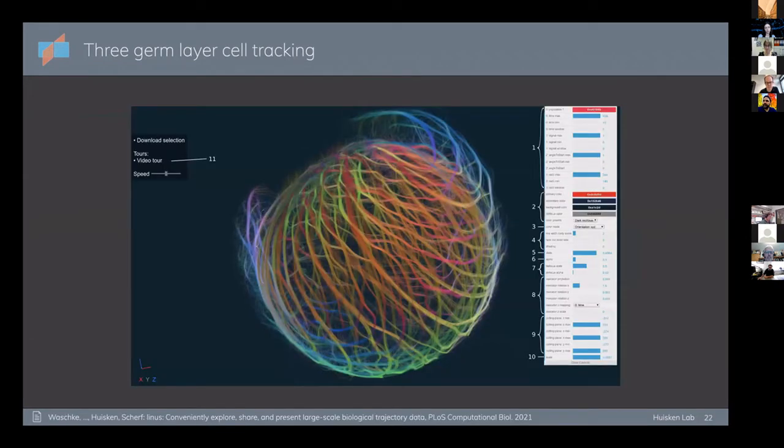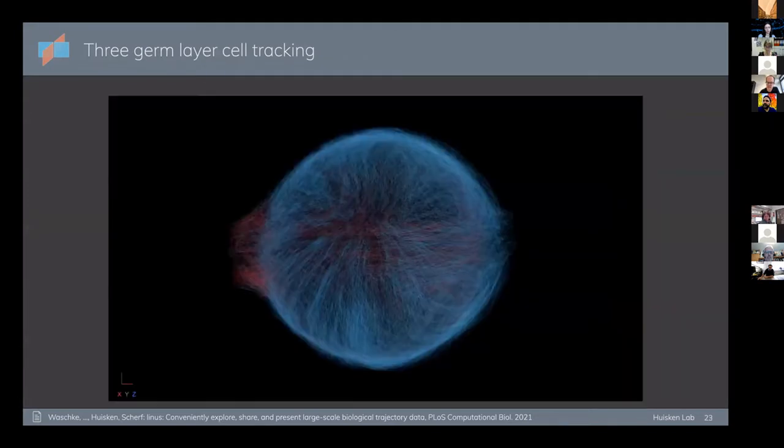So in collaboration with Nico Scherf, a former postdoc in the lab, we've developed this tool that allows us to visualize the tracks or tracklets, the smaller tracks of these cells, and we can also bundle these data more efficiently.